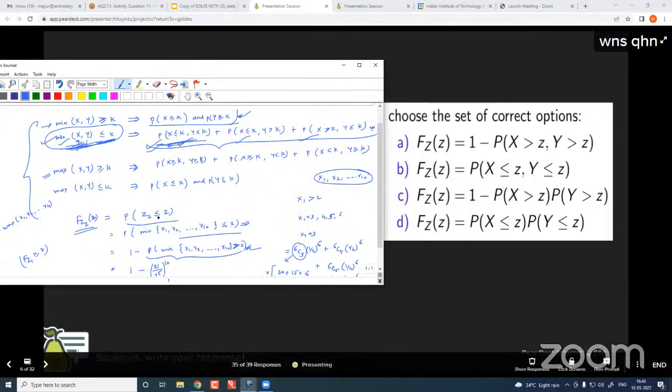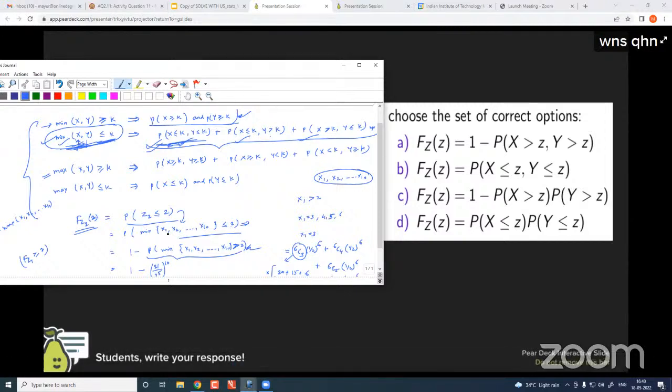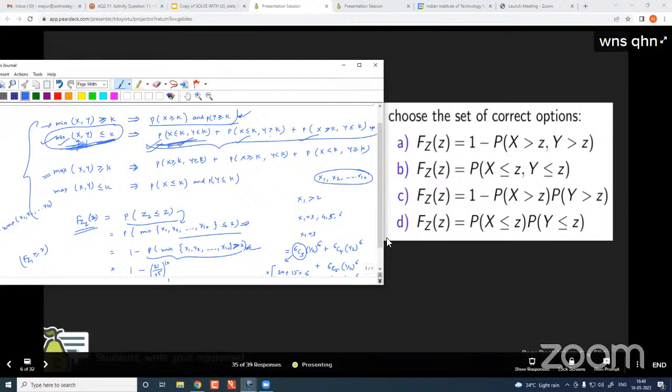Because I have written Z is less than or equal to z. So this will interpret into the minimum of X1, X2. Instead of Z, I can write Z is the minimum of X and Y. I can interpret it that way, putting that Z value in terms of X, Y, and that will be less than or equal to z, the way you have written. So do you mean that is not correct? It won't be correct, right?